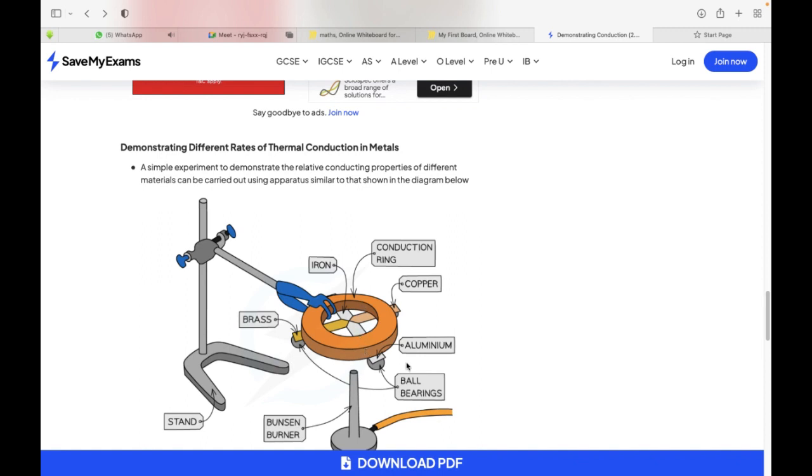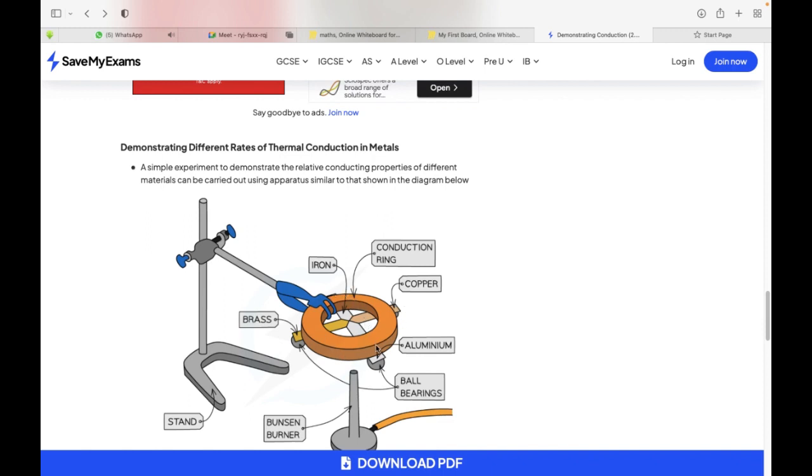This cross here is aluminum. And here, this one is copper. And then this one to this way is iron. And this one to this way is brass. Okay, so these are the 4: brass, iron, copper, and aluminum.